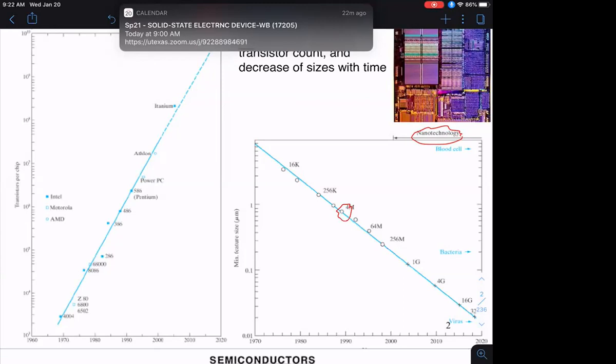It's because the dimensions of the transistors are so small, they're smaller than the wavelength of ordinary light. So when light shines on this transistor, it's kind of like a diffraction grating, okay? So depending on the periodicity of the structures, different wavelengths of white light diffract by different angles, and that's why you see these different colors, okay?